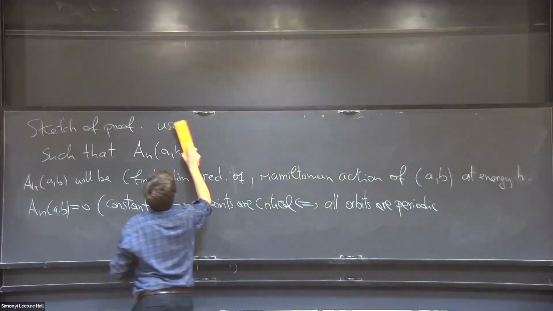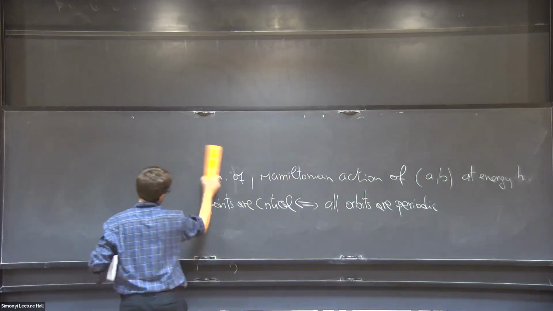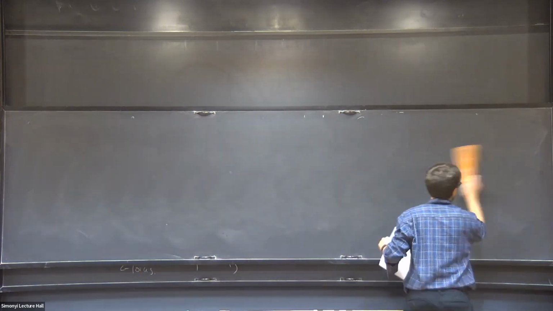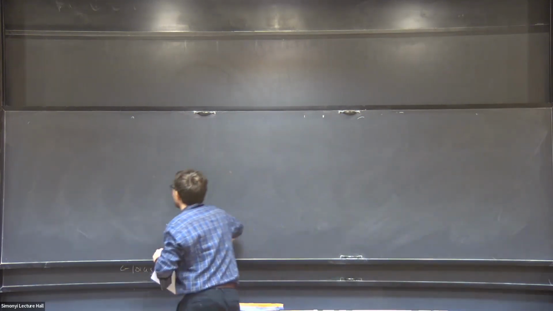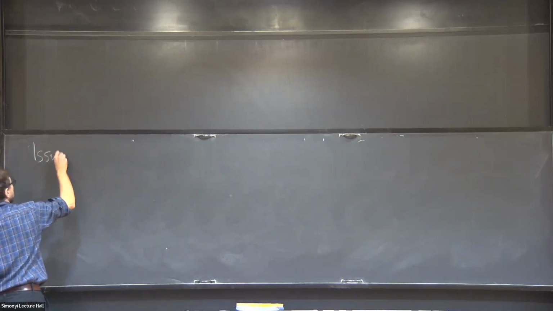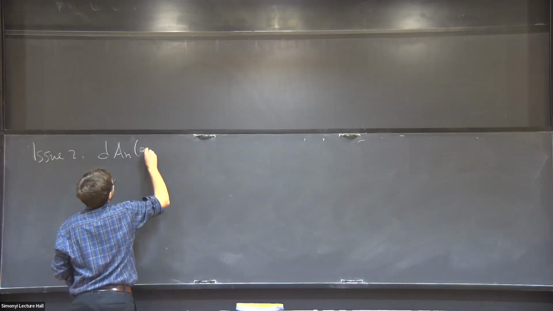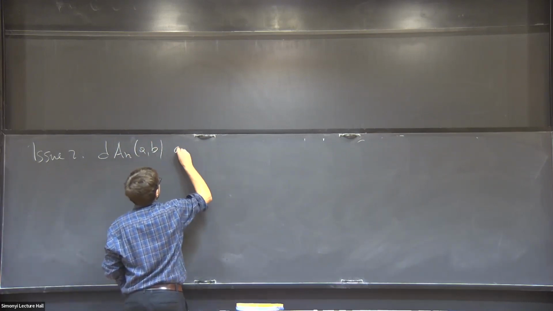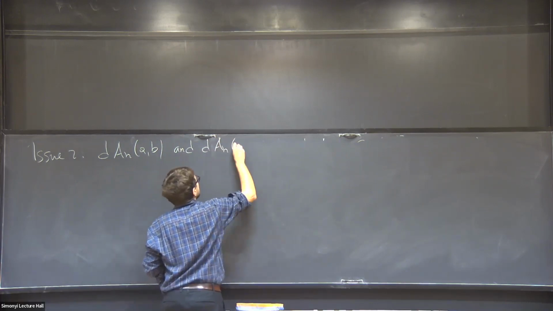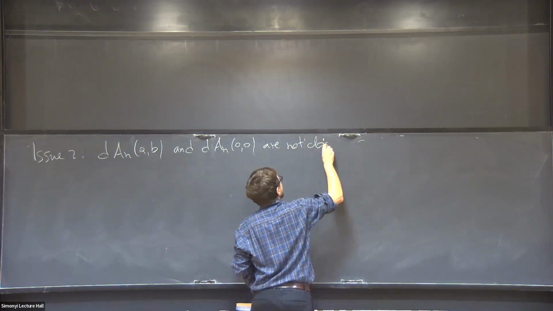Now, if you try to see what is the difference between the differential at AB and at 0, 0, you will see that this is not close. So issue 2: the differentials at AB and at 0, 0 are not close to each other.